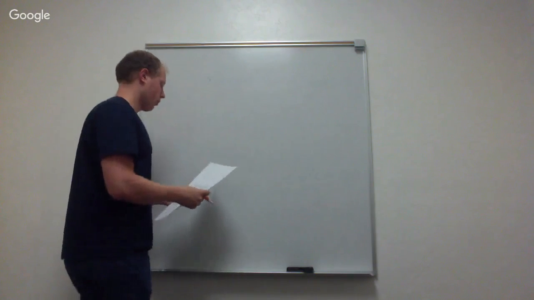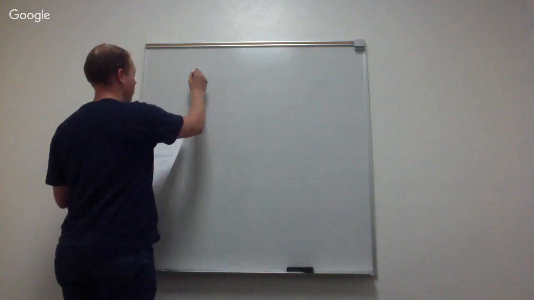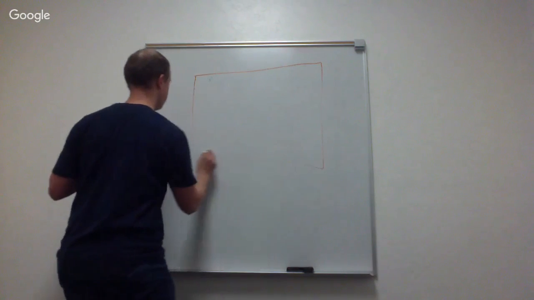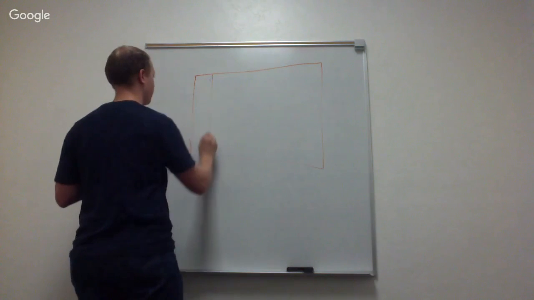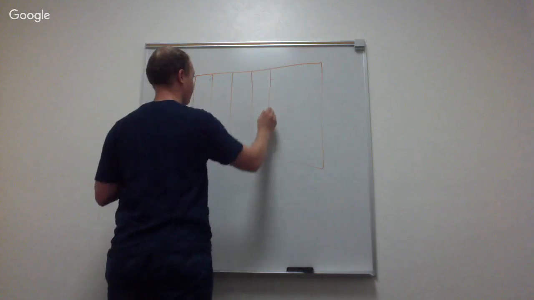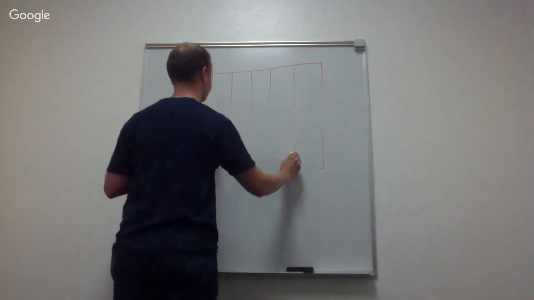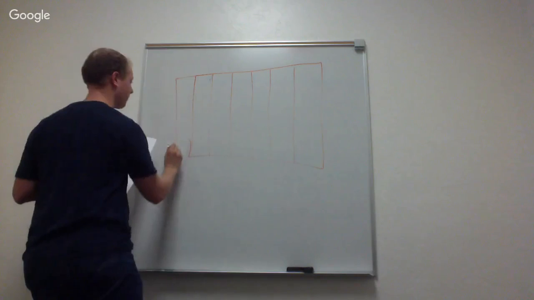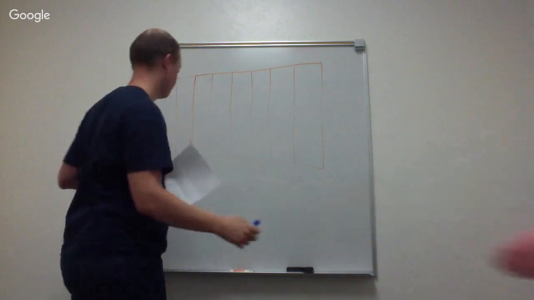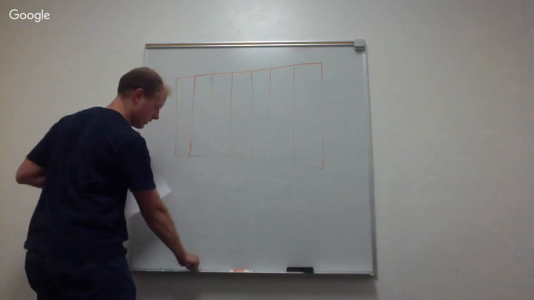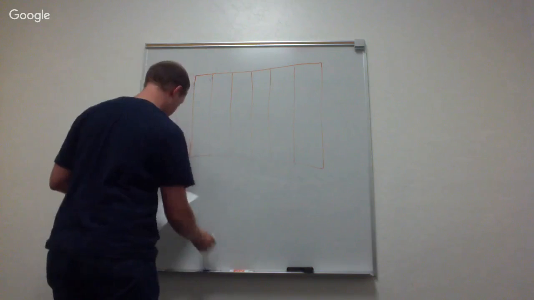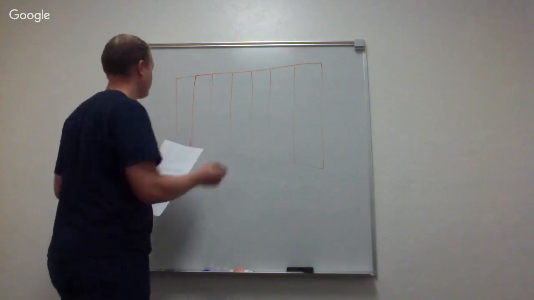For number 4, I'll start by drawing our gel here that we're going to visualize. Sorry, it's kind of hard to see. So there's 7 lanes in the gel here.